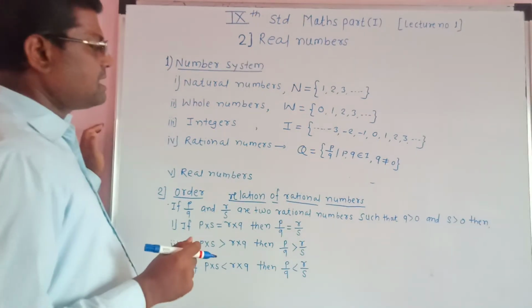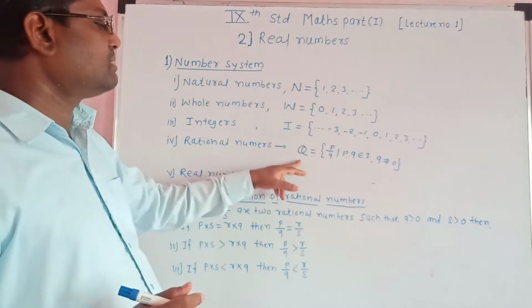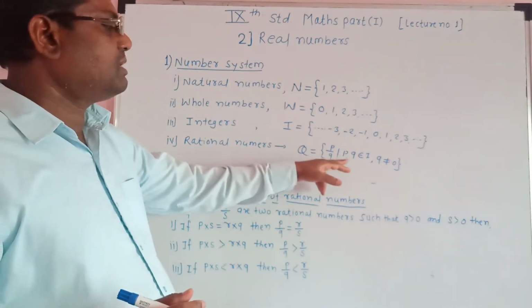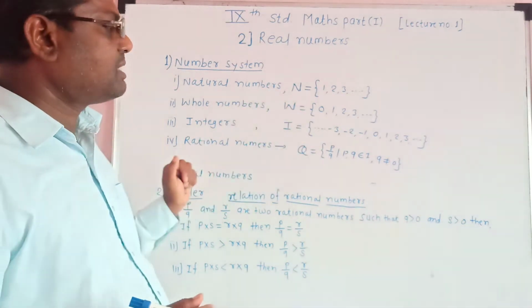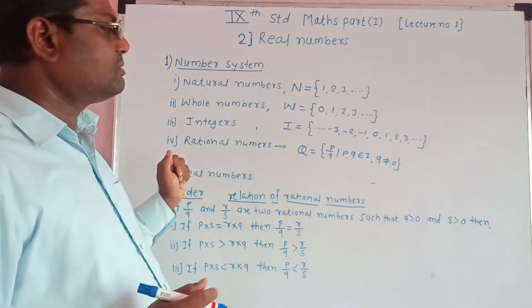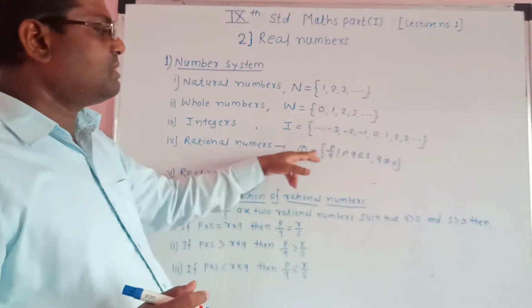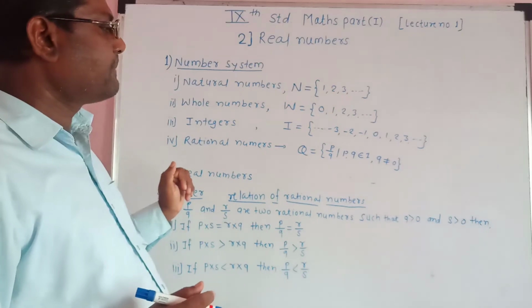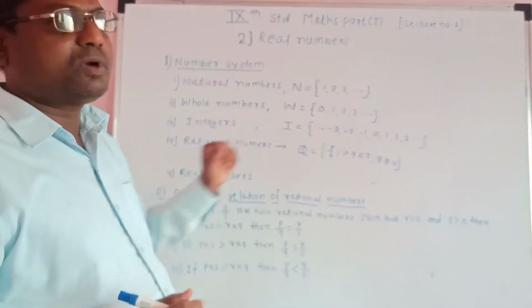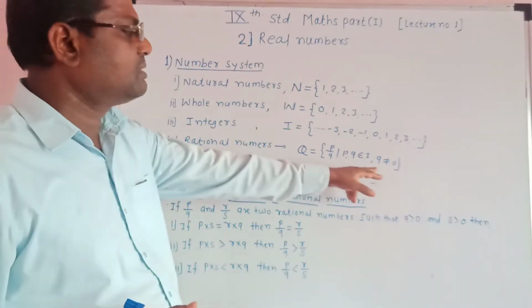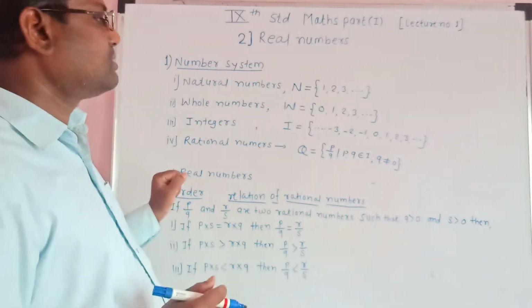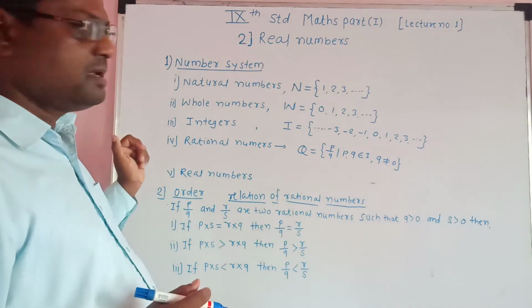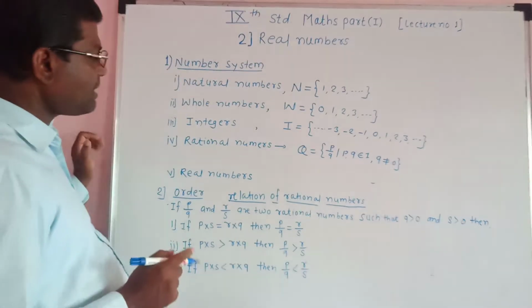This is in set builder form. Set Q is a set of all p upon q such that p, q belong to capital I, q not equal to 0. Such a set in which numbers are in the form of p upon q, where p and q are integers but q is a non-zero integer.